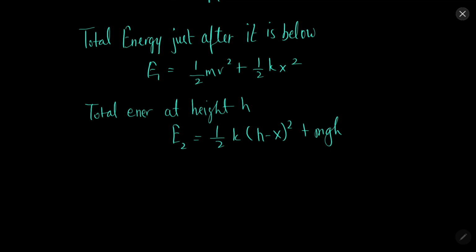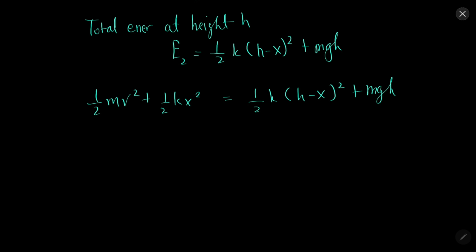So this should be equal. Because of that, half mv square plus half kx square equals half k into h minus x whole square plus mgh. From here the height will come out to be 0.2 meter or 20 centimeters.